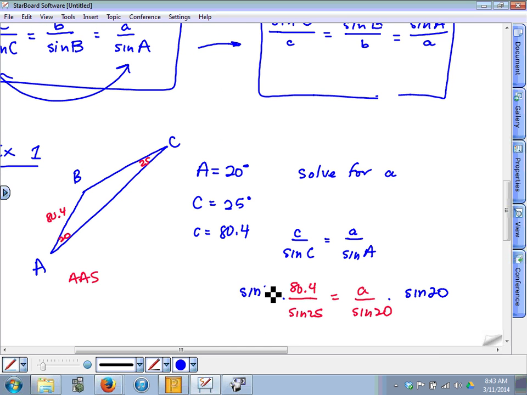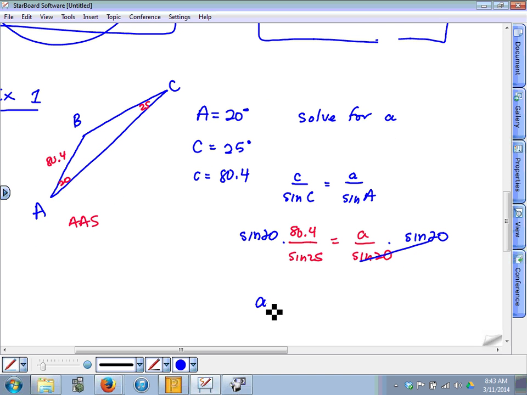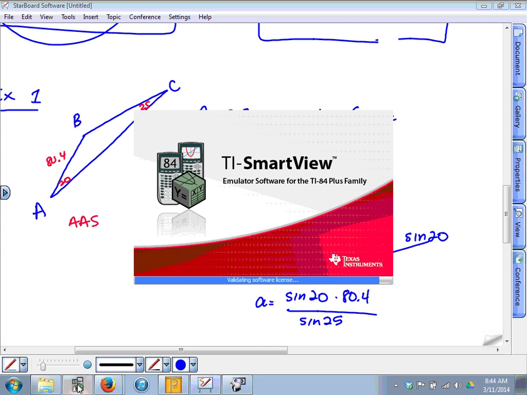Multiply by the sine of 20 on both sides. So a is equal to the sine of 20 times 80.4 divided by the sine of 25. And you've got to be careful how you type this into a calculator, especially if your calculator automatically opens up a parenthesis for you. Some do.